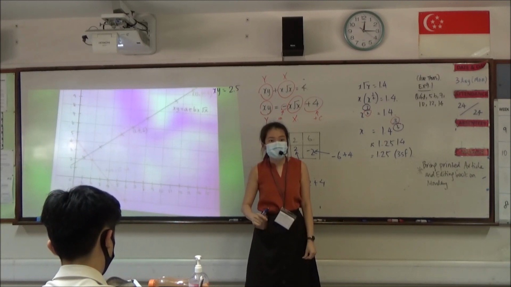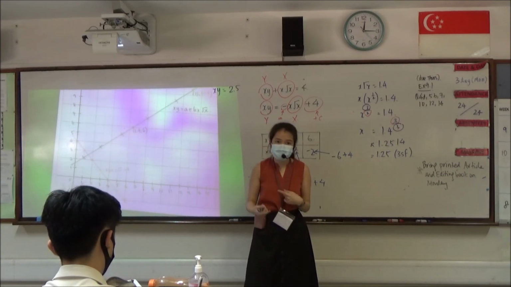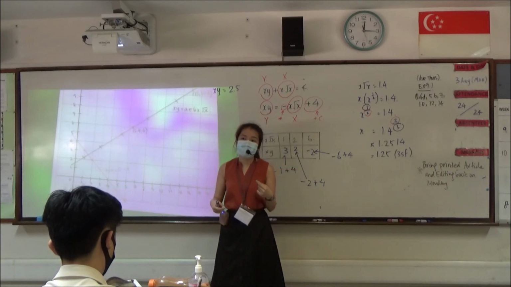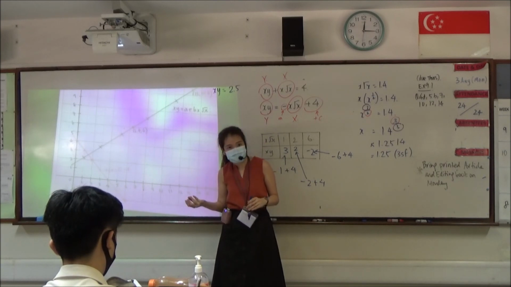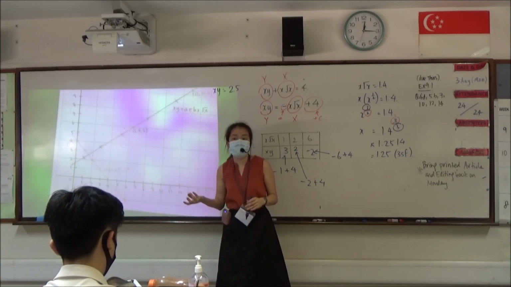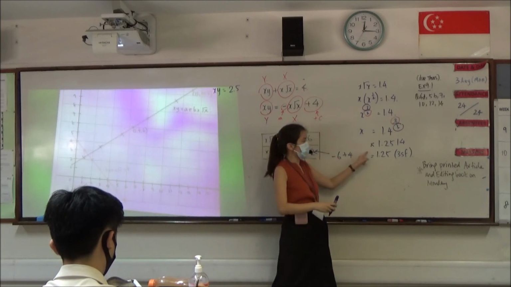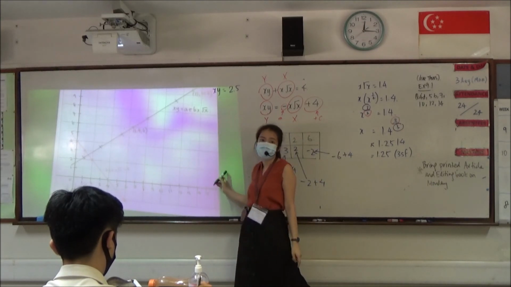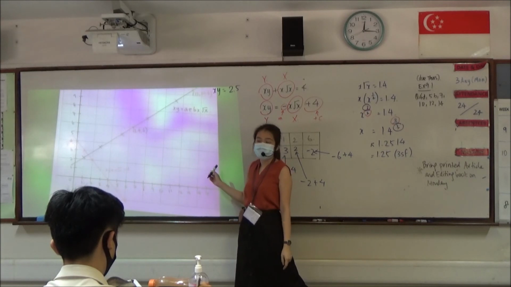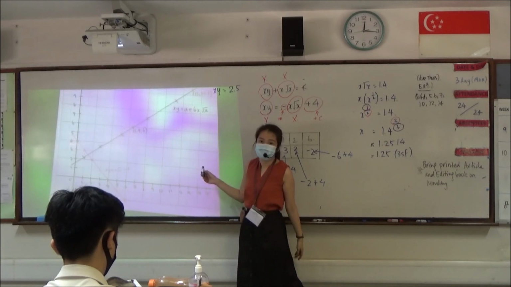If I want to make this question harder, I can, by instead of asking you to find the value of small x, I ask you to find the value of small y. Then in doing that, I need you to solve for small x first, then I substitute inside here to find small y. So that's one way that I can make the question difficult.